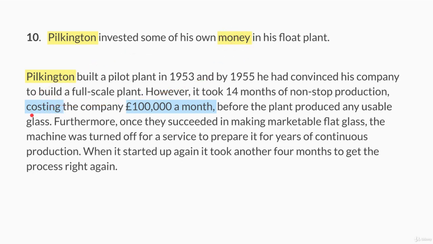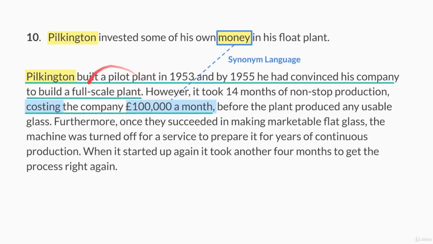We haven't found the term money, but we have found synonym language. £100,000 and costing are synonym words for money. So we know that we are likely to find our answer somewhere around here. And this portion where we're going to find our answer, we're going to underline it because this is going to be the matching sentence.